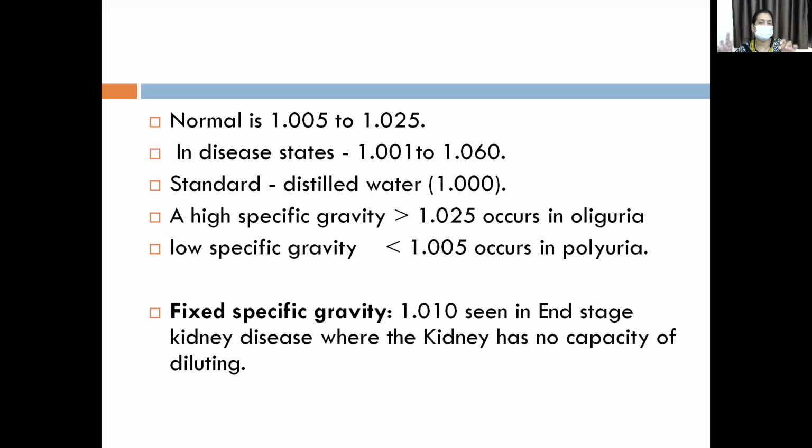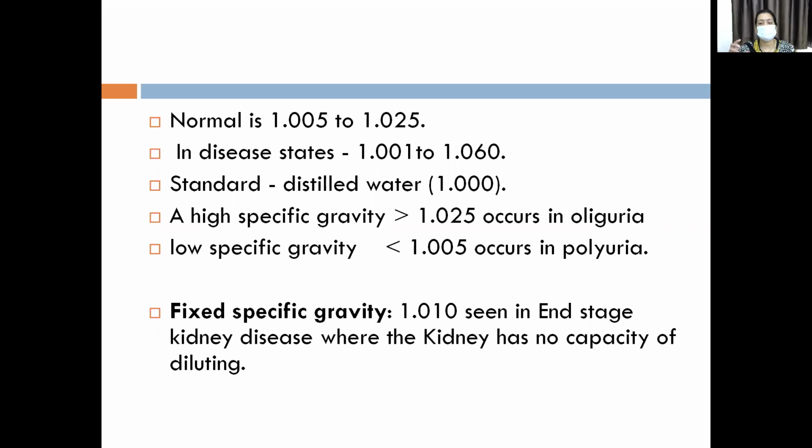So specific gravity measures how much solute is present in that volume of solvent. The higher concentration is present in oliguria because of less water, like the half glass.